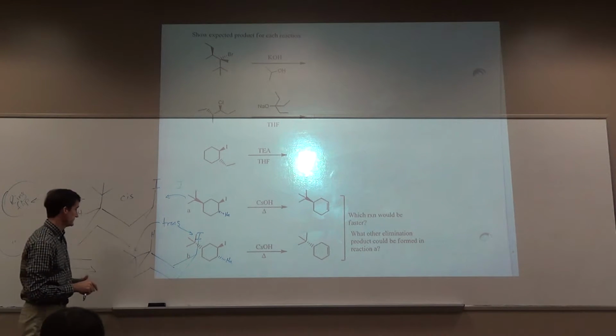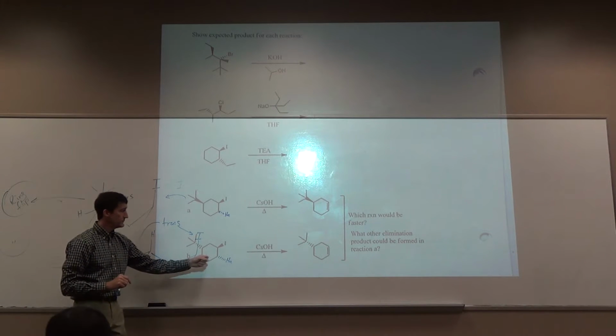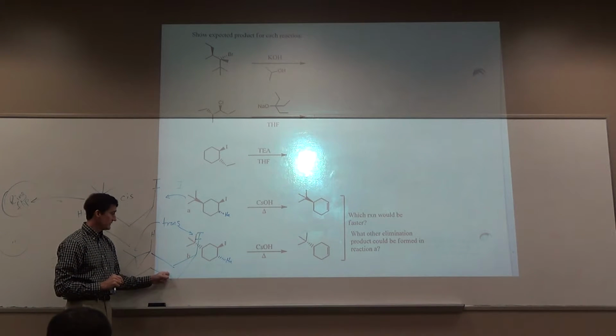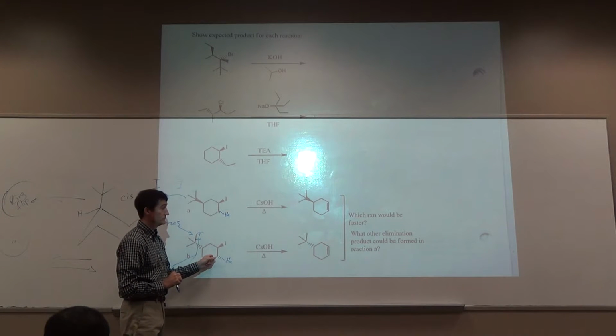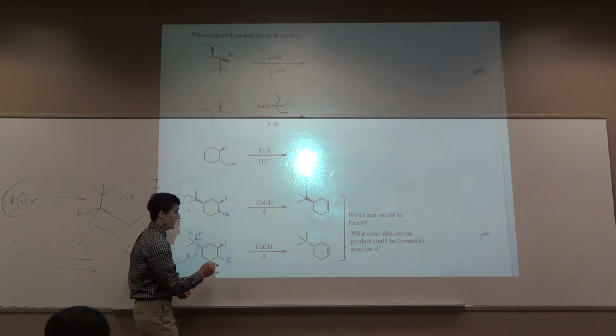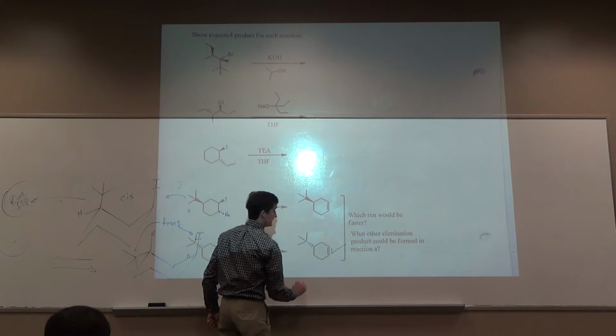This one. This one is more often going to be in this conformation. Since it's more often in the required conformation, it's going to eliminate more often, quicker. This one's going to be the fastest.